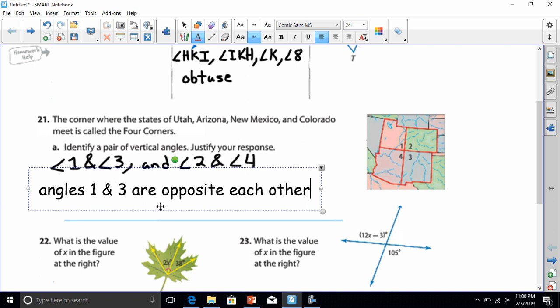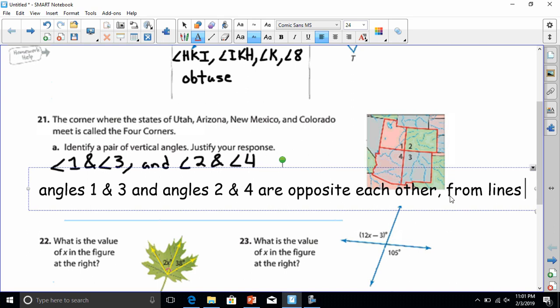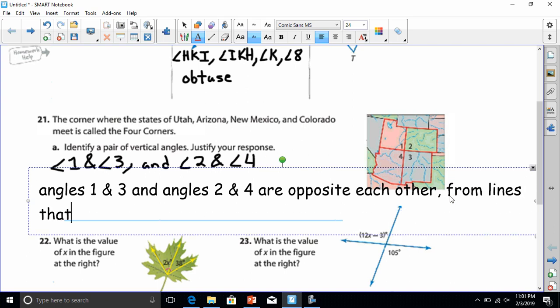Angles 1 and 3, and we could put and angles 2 and 4, are opposite each other from lines that intersect. All right, and that's pretty much the definition of a vertical angle.